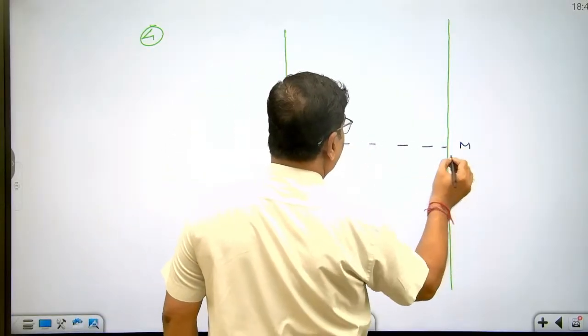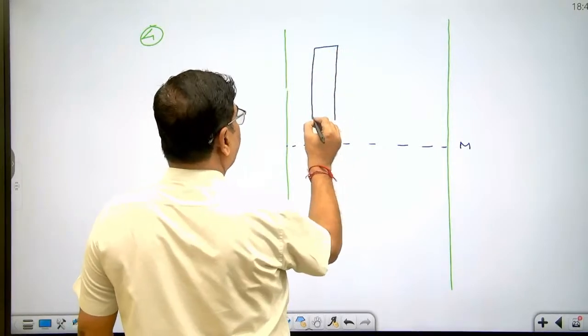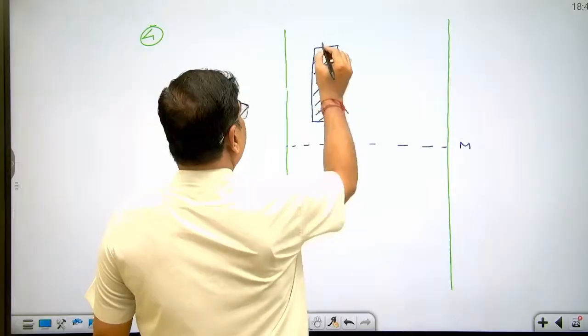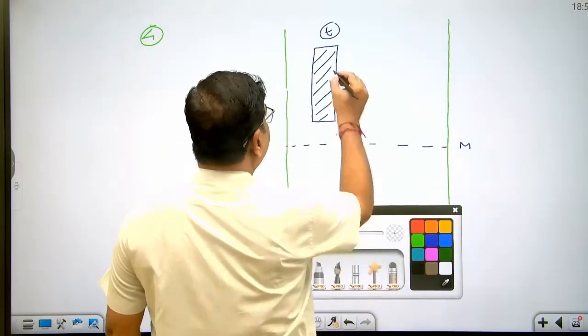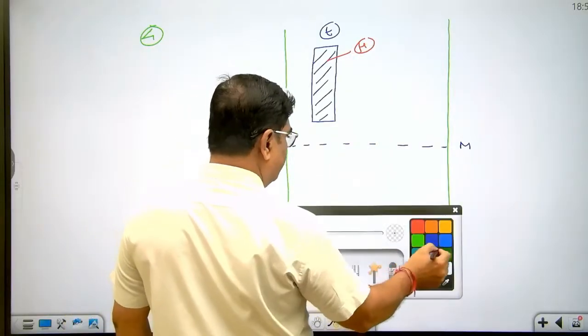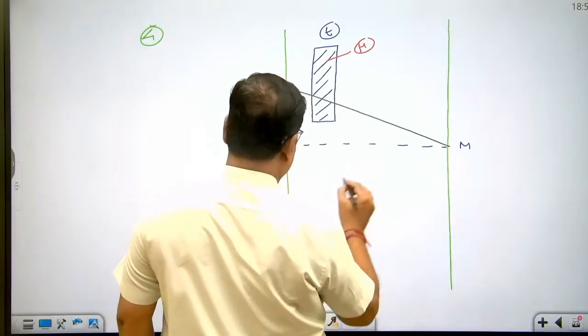Suppose this is the location of the central fringe, and we have introduced a transparent slab of thickness T having refractive index mu. Earlier, for the central fringe, waves were reaching like this.